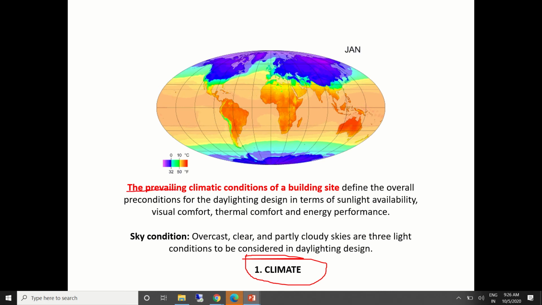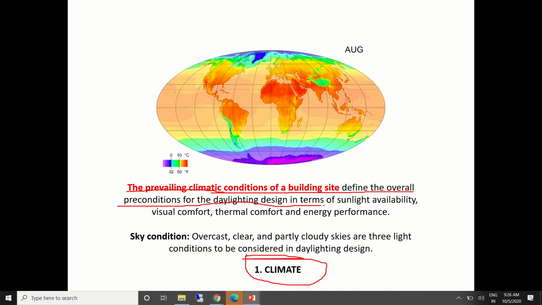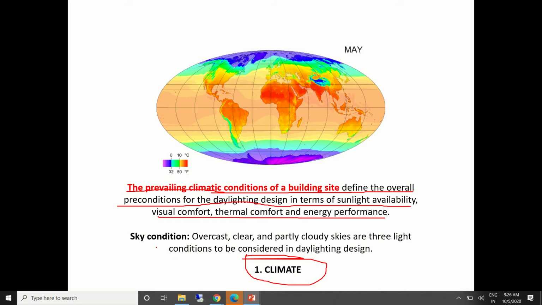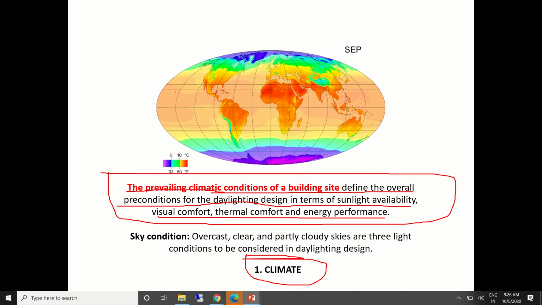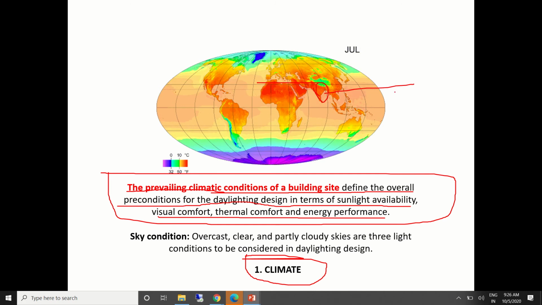The prevailing climatic conditions of a building site define the overall preconditions for daylighting design in terms of sunlight availability, visual comfort, thermal comfort, and energy performance. For example, in most Indian conditions, I think I told you in last discussions as well, we have plenty of daylight availability throughout the country.